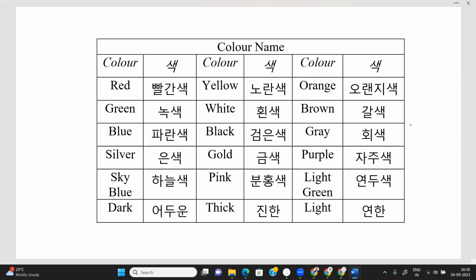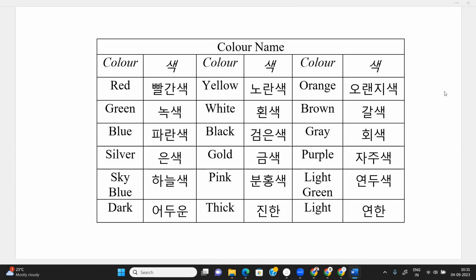Black, 검은색. Gold, 금색. Pink, 분홍색. Thick, 진한.